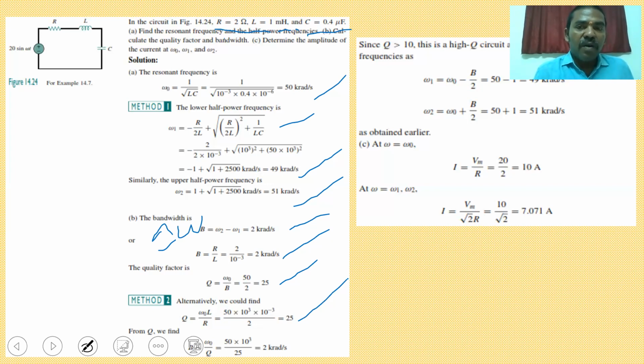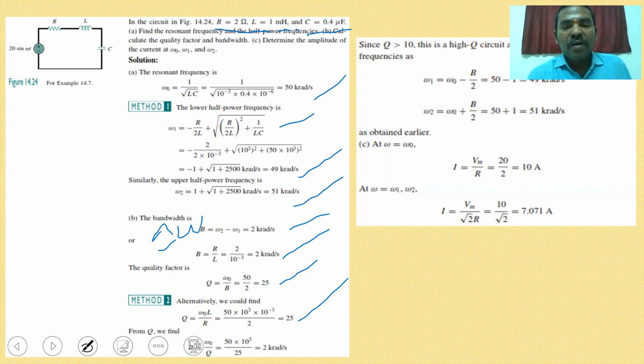Okay. So now we are going for the calculations of your currents with respect to the amplitudes omega naught, omega 1, omega 2. So already we have calculated the values of omega 1, omega 2.